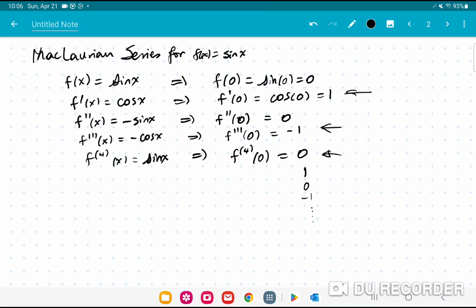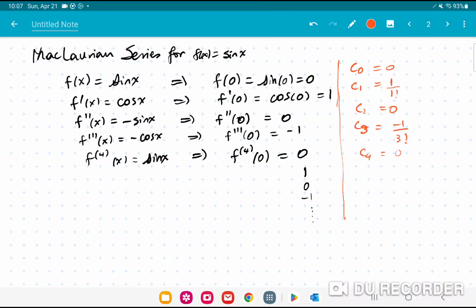All right. So let's see, C0 is 0, C1 is 1 over 1 factorial, C2 is 0, C3 is minus 1 over 3 factorial, C4 is 0, C5 is 1 over 5 factorial, and so forth. So you can see that the even terms disappear, only the odd terms remain.